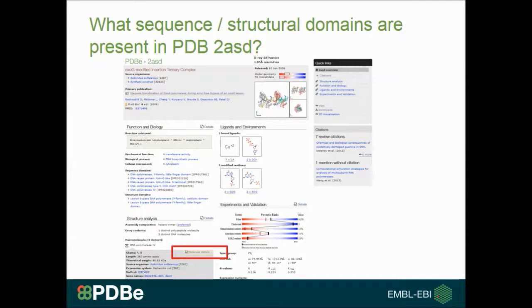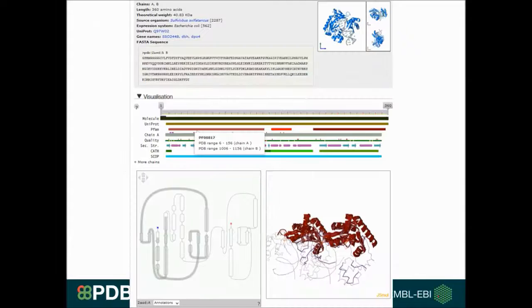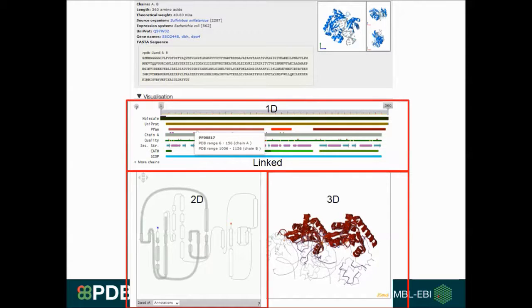This presents you with a page like this, where we have linked 1D, 2D and 3D interactive diagrams. So highlighting or clicking anything in the 1D diagram will show it on the 2D and the 3D diagrams. Here we have a Pfam domain highlighted in the 1D, 2D and 3D images, so we can see exactly where that is within the entry.